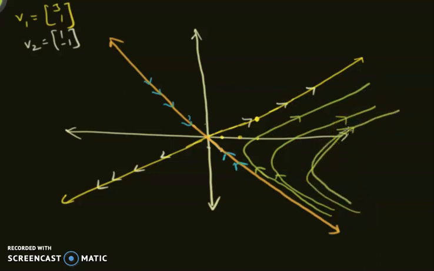So forgive me for my crazy drawing. Similarly, because this is stable, any trajectory that is moving this way along this will be moving away with this unstable line.